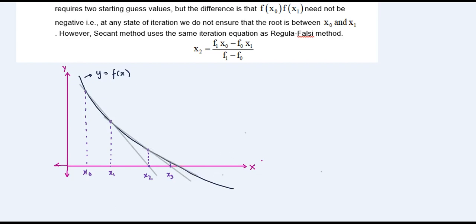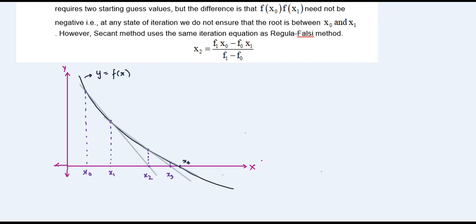And see here, we have almost reached close. Let's say we are to the right. Then this is X4. Then we take X3 and X4 and draw a chord. So again, we draw a chord and again we come closer and closer.